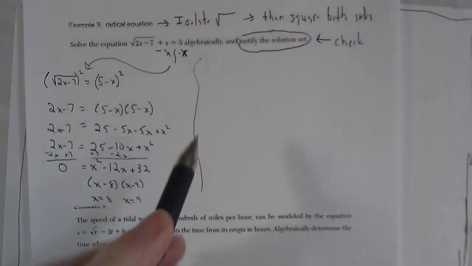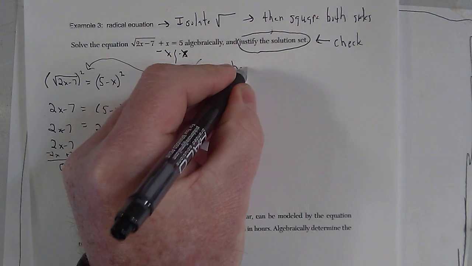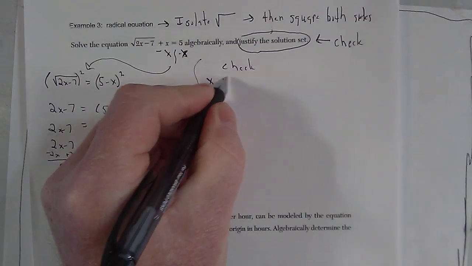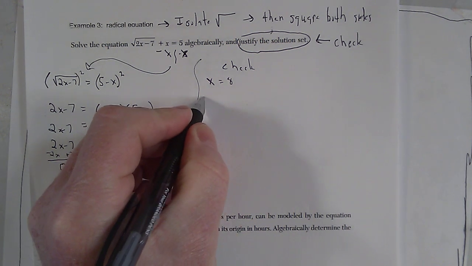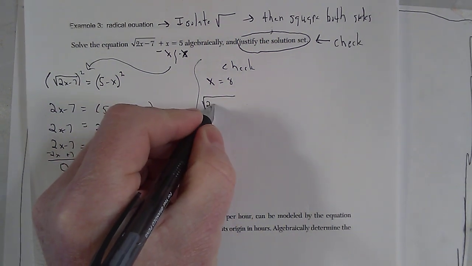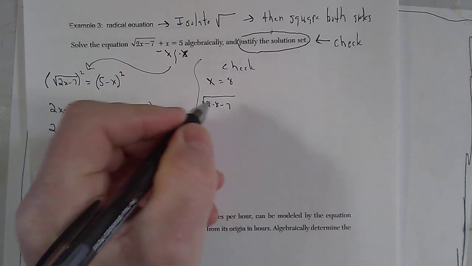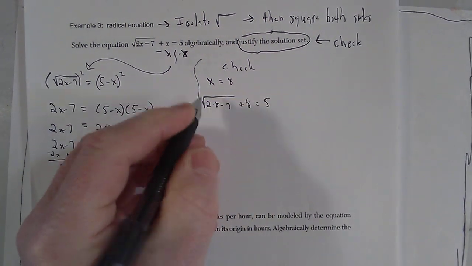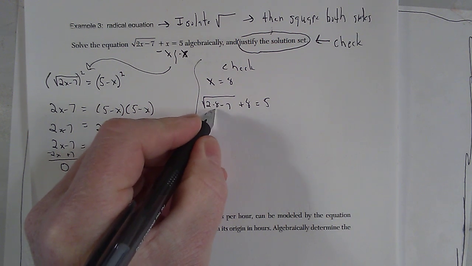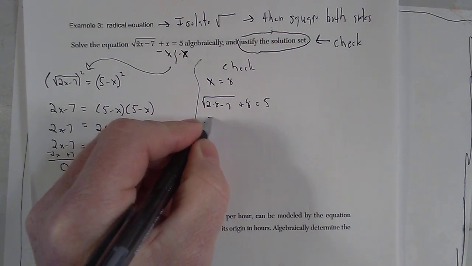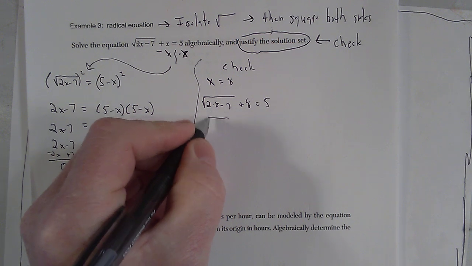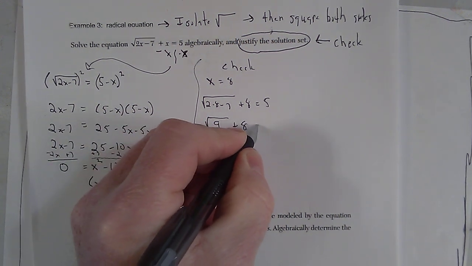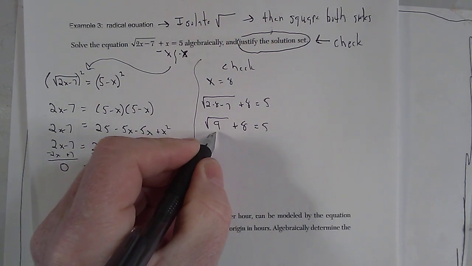Right, now go ahead and check. So x equals 8. So 2 times 8 minus 7, plus 8. See if I get 5. So that's 16 minus 7. 16 minus 7 is 9, plus 8 equals 5.